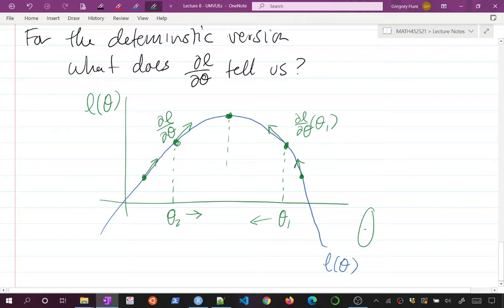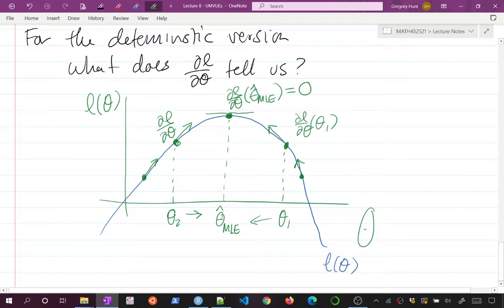Of course, the point that achieves this maximum is called the MLE, and if we looked at the derivative at the maximum, of course that would be 0, right? That's the whole point.